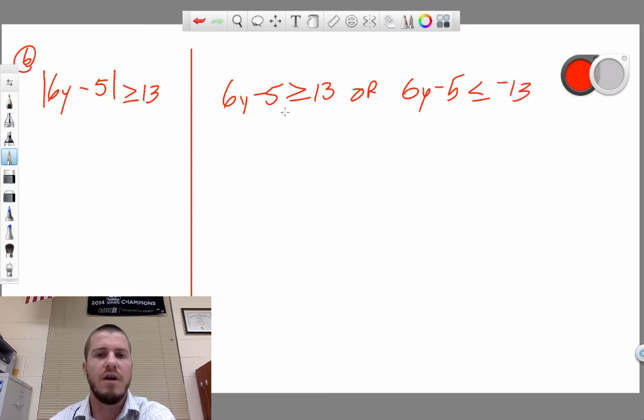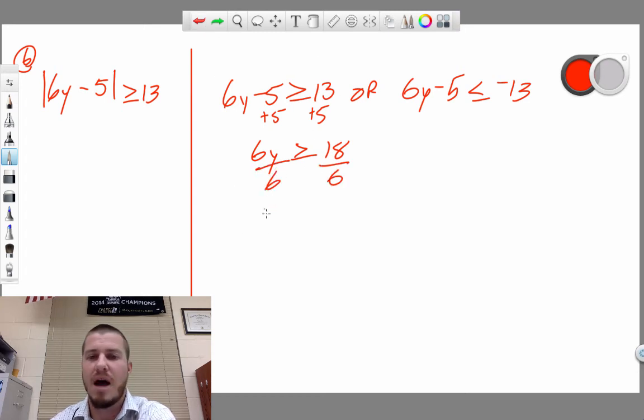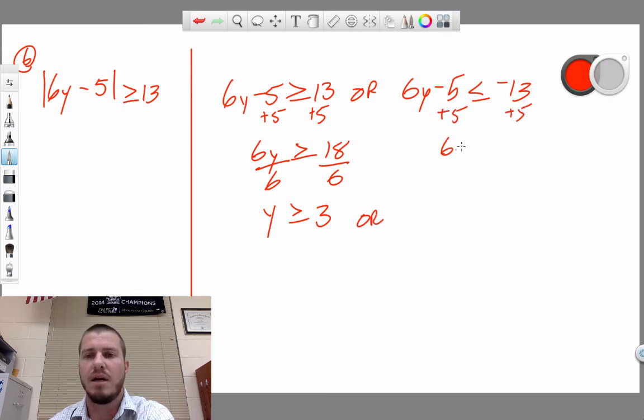Okay, so when I solve it, add 5. 6y is greater than or equal to 18. Divide by 6, y. And I divide them by a positive, so y is greater than or equal to 3. Or add 5, and that's going to become negative 8.